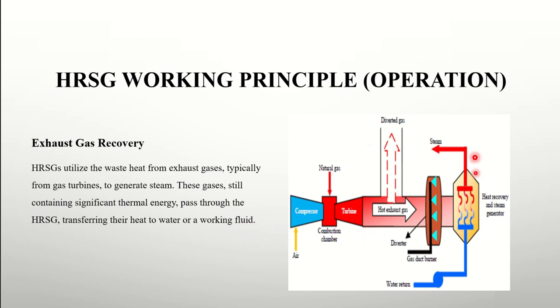This diagram shows a compressor, natural gas, the combustion chamber, the turbine, hot exhaust gas into the duct burner, then into our HRSG, transferring its heat to a water working fluid.